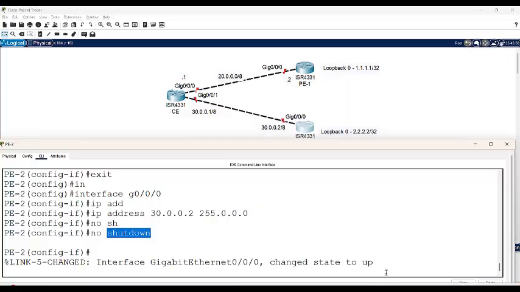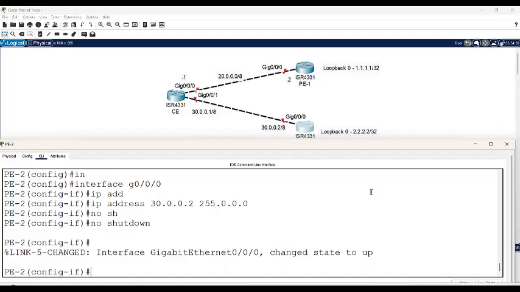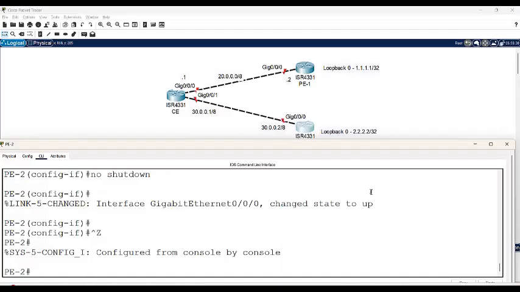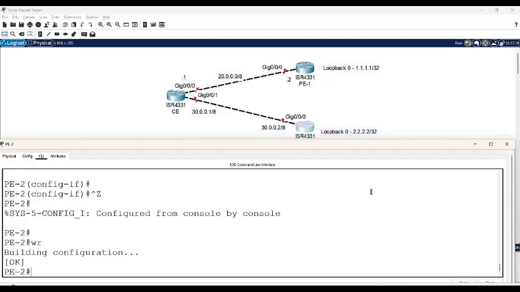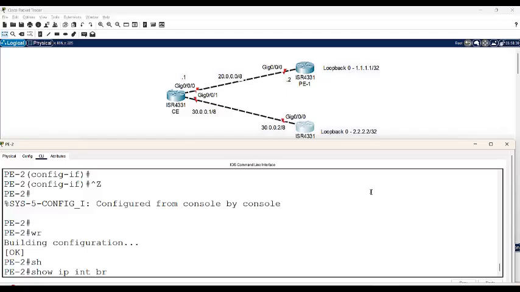I can see the interface is coming up, but it is not fully up. You know why? The other end of the wire is still not configured, so there is no protocol possible to run on this port. When you check now, what is the command to check the interface status? Come to privilege mode and type show ip interface brief.